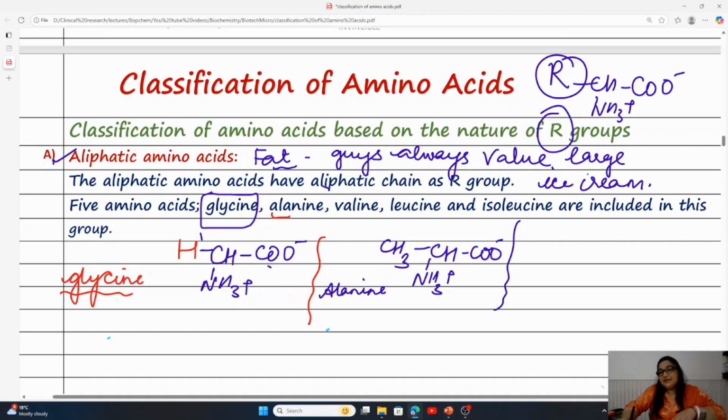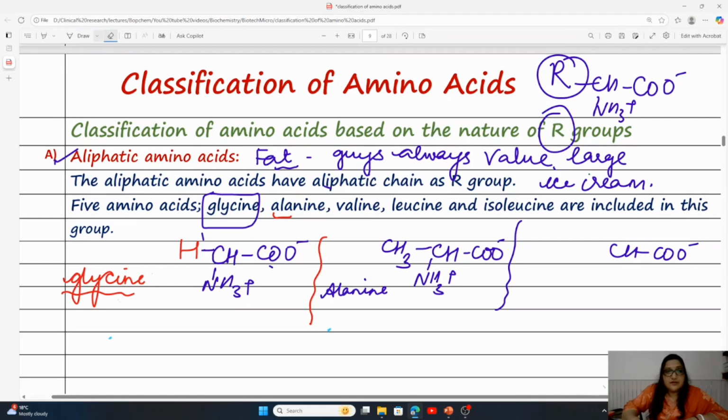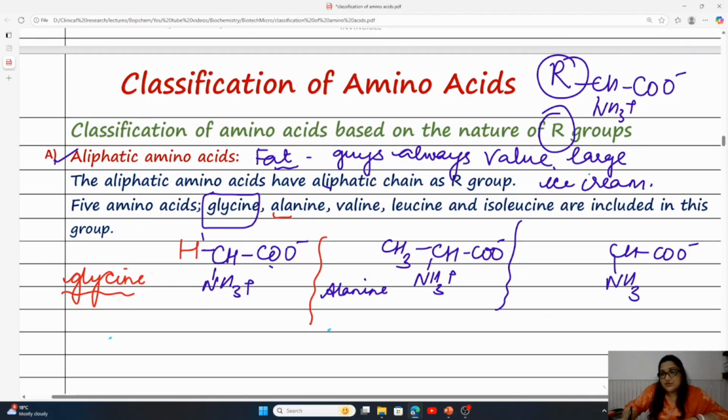Then valine, again COO negative, CH, NH3 positive.